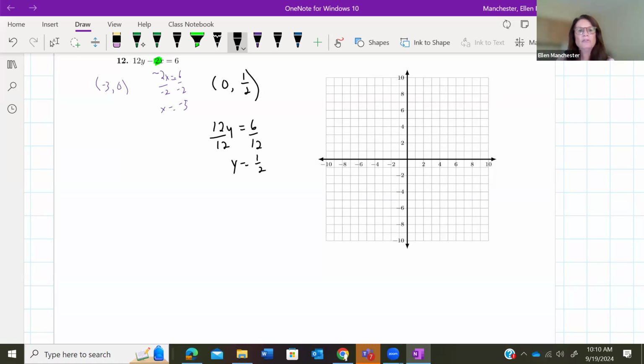All right, so here are our 2 points. x is -3, y is 1/2. So here's 1, and I'm just going to put a point right in between. And then here is our line. You're going to pretend that's straight.